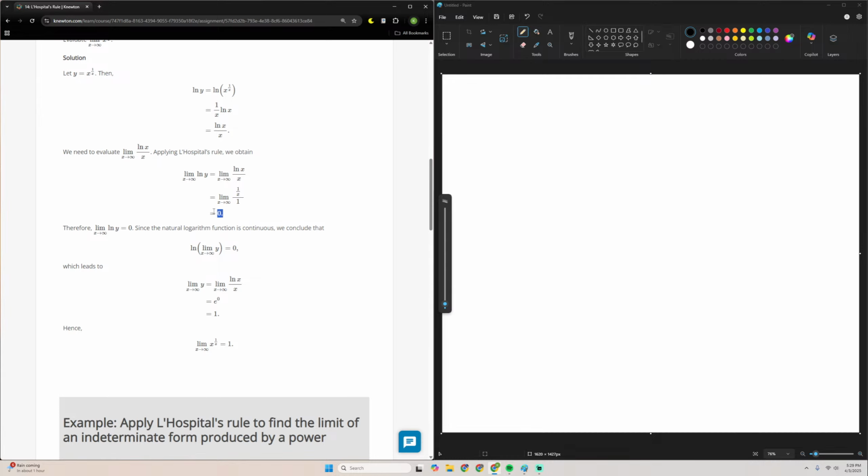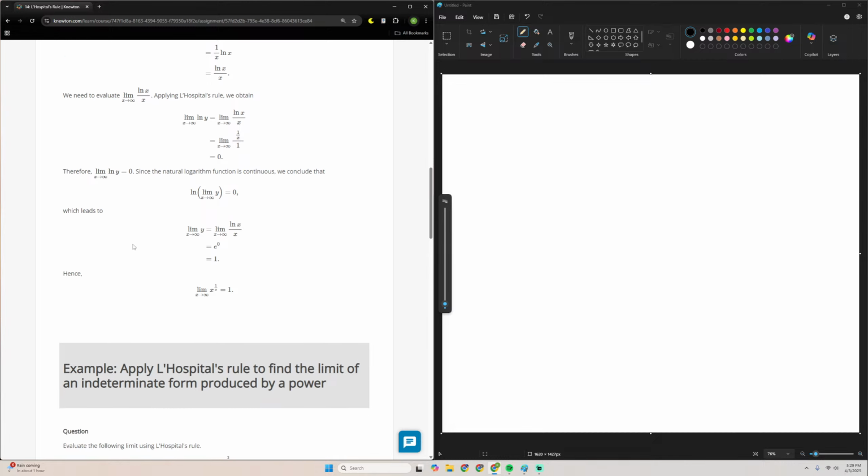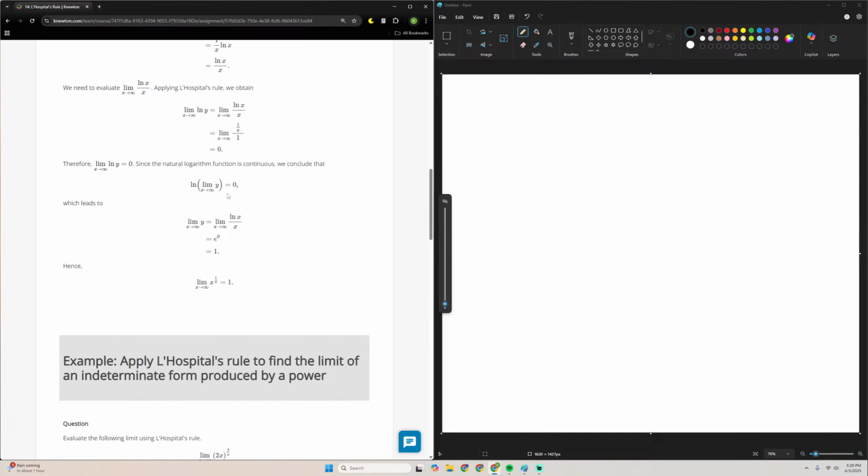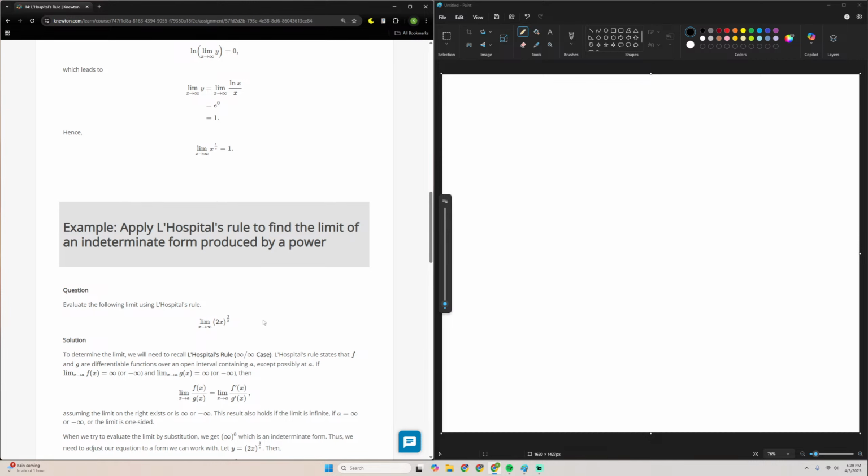To 0. Oh, whoops, they did the thing. Therefore, since the natural log exists, we conclude that it equals 0, which leads to e to the 0. Oh, we had to plug it into e afterwards. That's what it's talking about.